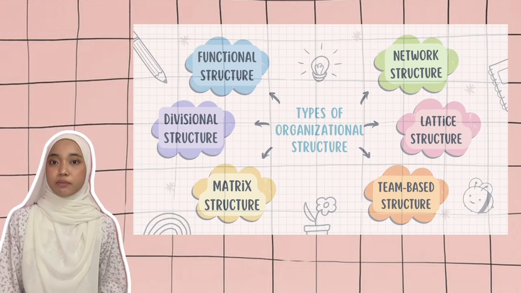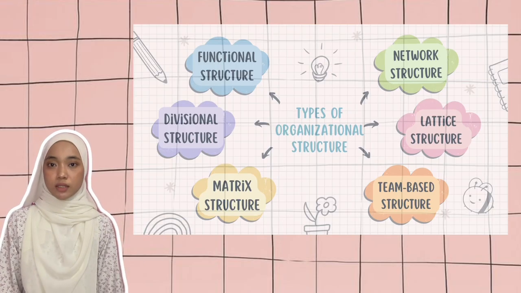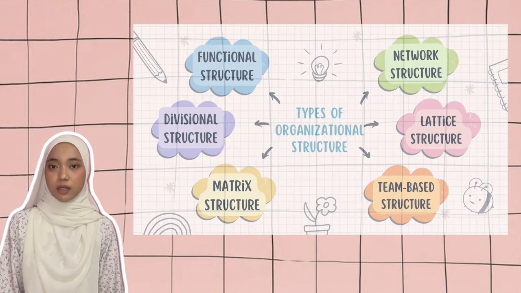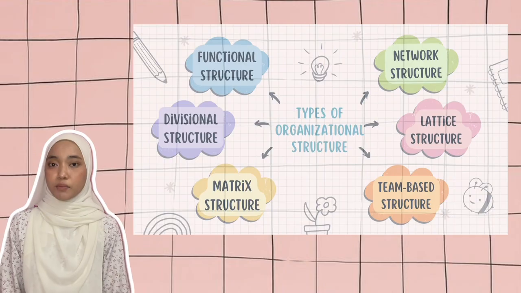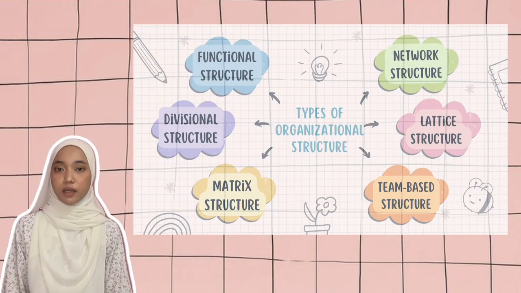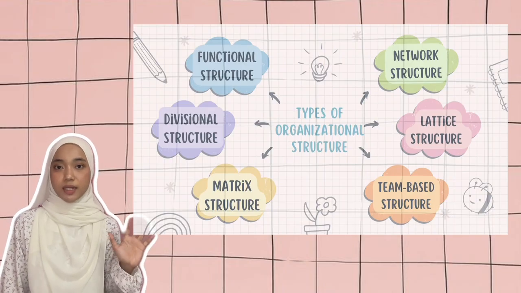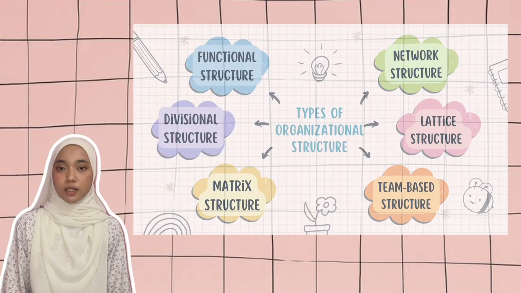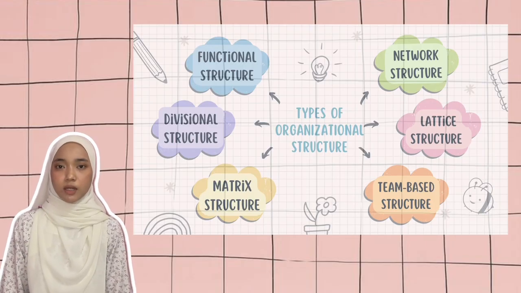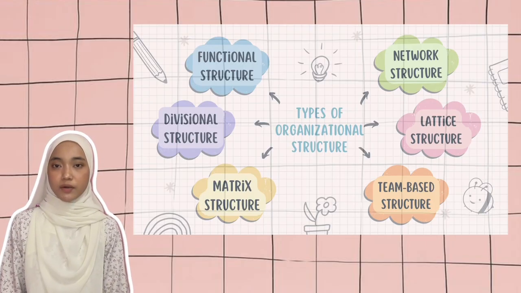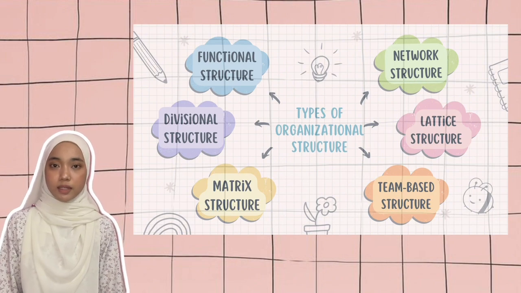Fourth, team-based structure. Employees self-manage in cross-functional teams. It supports collaboration and innovation. Fifth, lattice structure. This is seen in consulting with minimal hierarchy. Teams form and dissolve as needed.